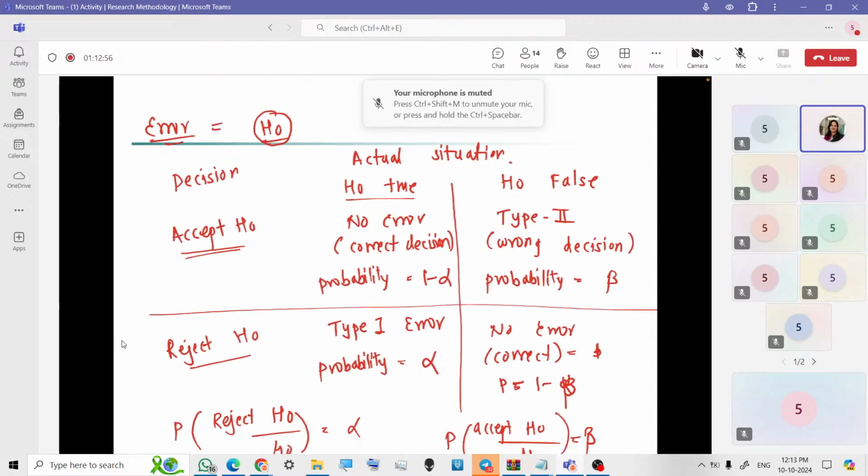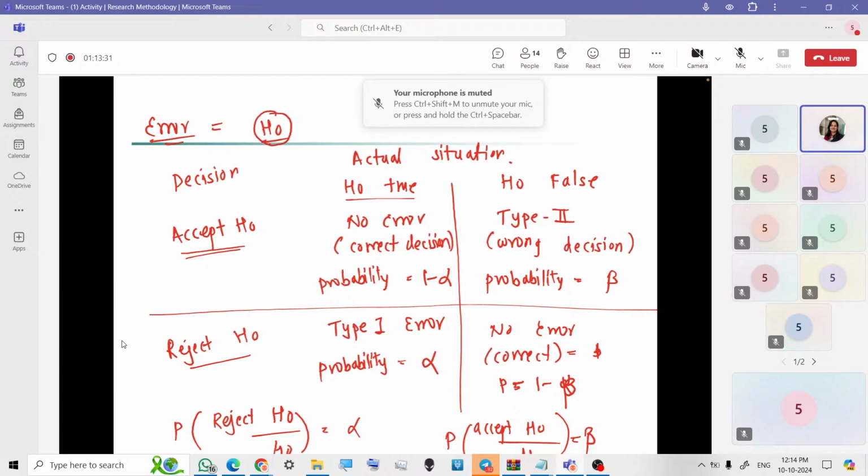Now, here we come to the next part of the discussion. Let us start with making a statement where I do have 4 cases. What are those 4 cases? My hypothesis is actually true or my hypothesis is actually false.